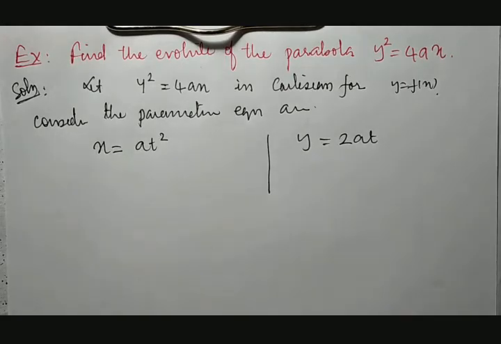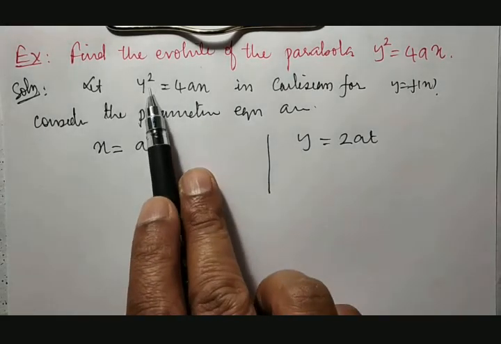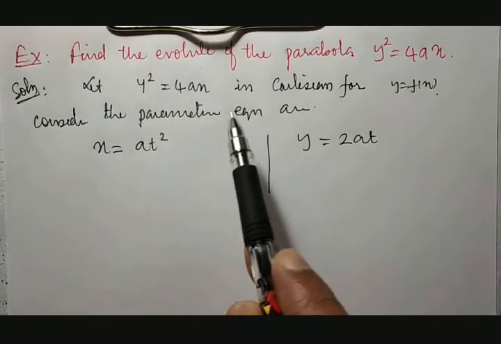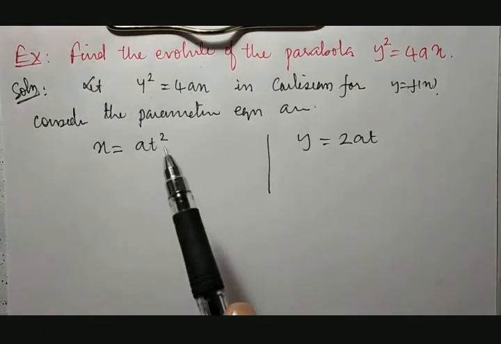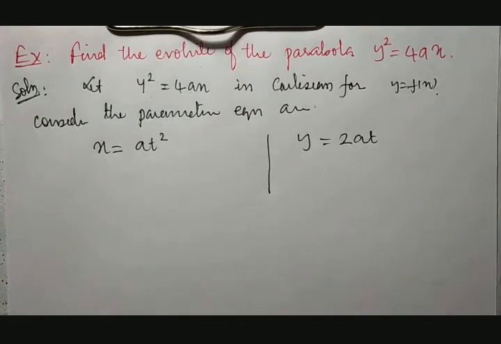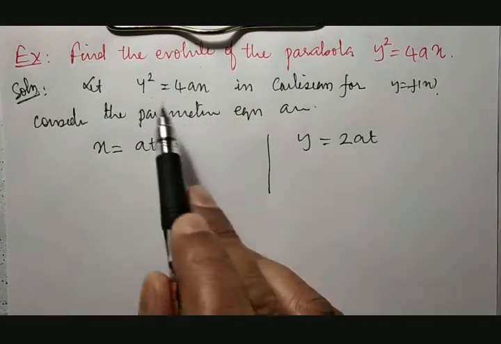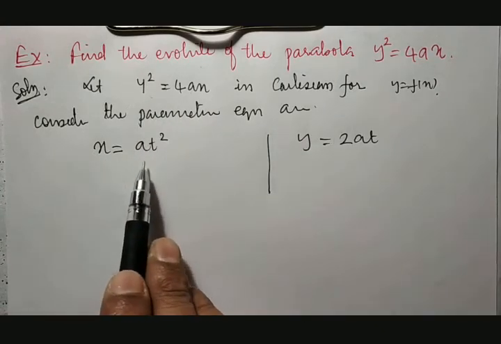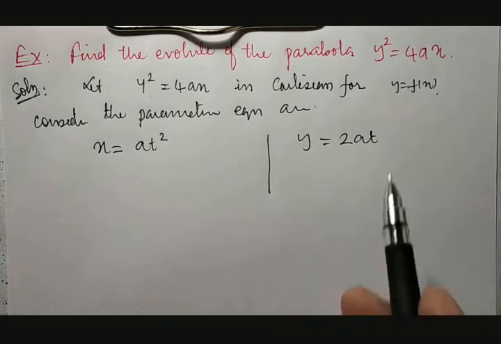Therefore, the parametric equation for y square is equal to 4ax. Even by considering this directly, we can go for the calculation, but it becomes very difficult. Therefore, what we do? We take its parametric equations. So the parametric equation for y square is equal to 4ax, that is a parabola, that is x is equal to at square, y is equal to 2at.